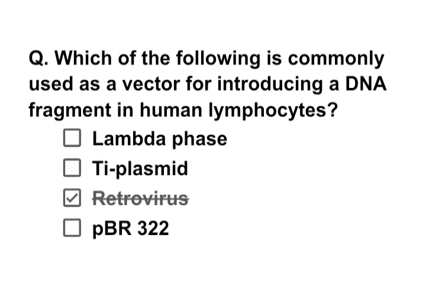Correct answer is retrovirus. Retroviruses are usually used as a vector for introducing a DNA fragment in human cells. They are used as vector in gene therapy to introduce the desired gene so as to replace the functioning of a defective gene. Example, SCID, Severe Combined Immune Deficiency, is caused due to defect in the gene for the enzyme adenosine deaminase.